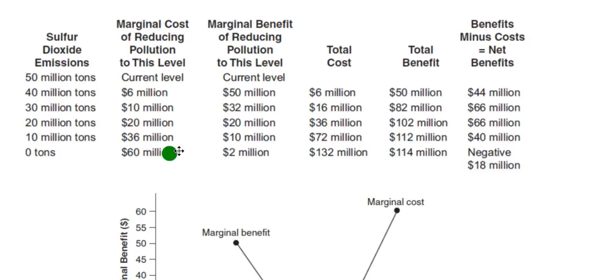It's 60 million marginal cost, and the marginal benefit is only 2. So the cost is much higher than the benefit. And we also see that the net benefit, when we compute total cost and total benefit, is actually negative.